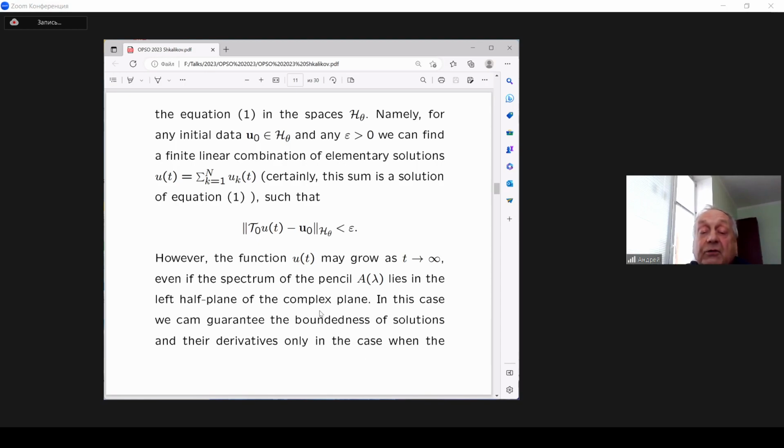However, the function u(t) may grow as t tends to infinity, even if the spectrum of the pencil A(lambda) lies in the left half plane.